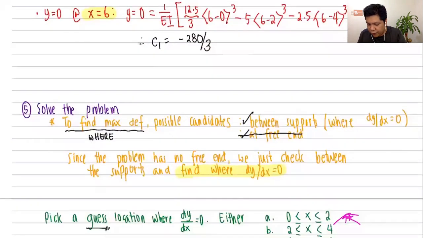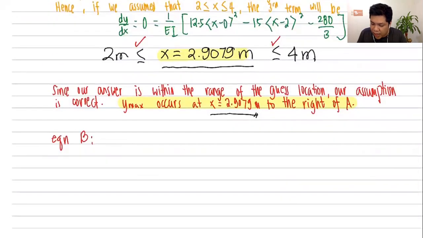I'll just copy equation B. From equation B, I can solve for the maximum deflection at x equal to 2.9079. So I'll just copy equation B, but plug in the value of 2.9079 as x.